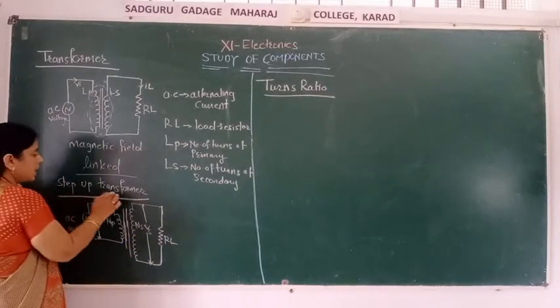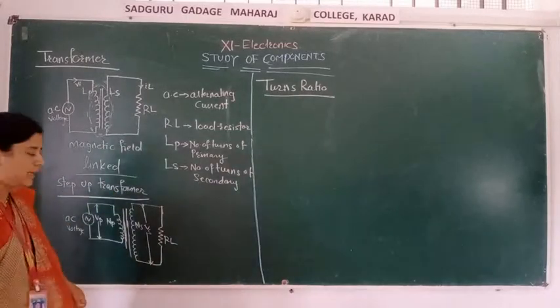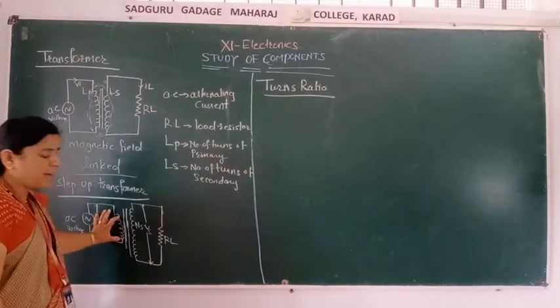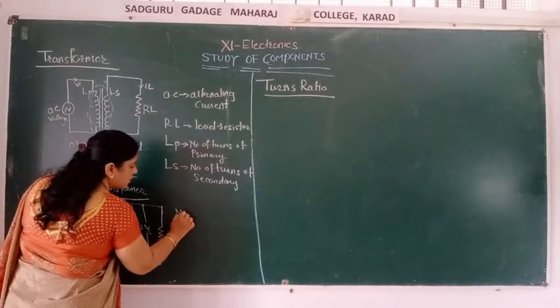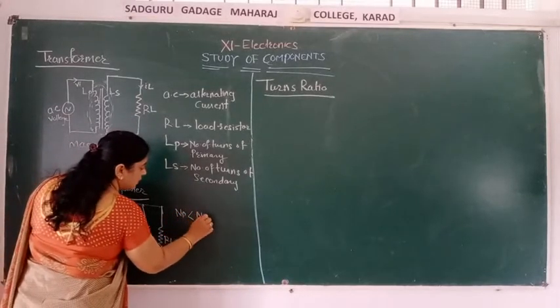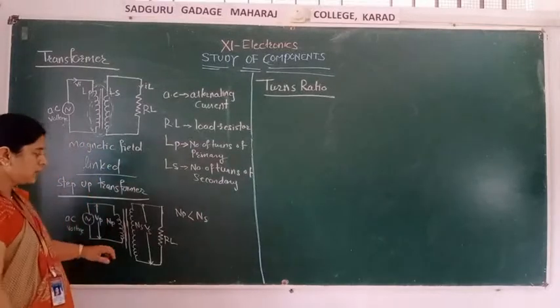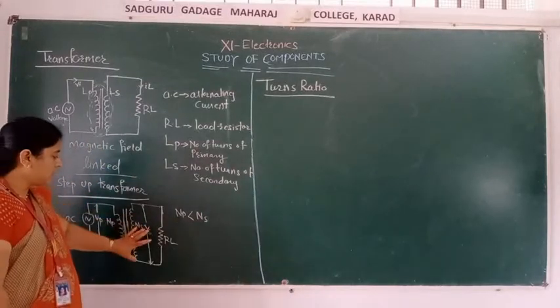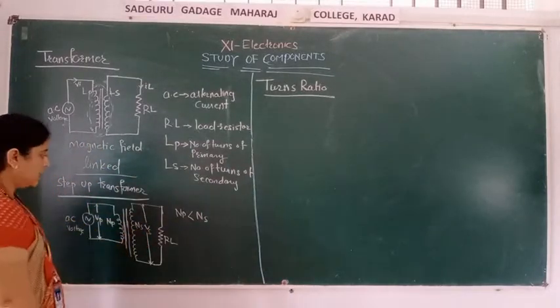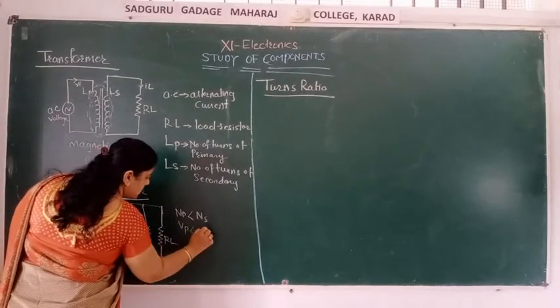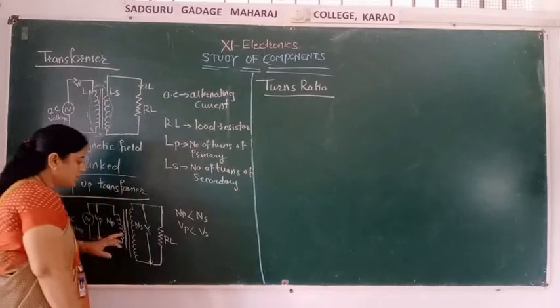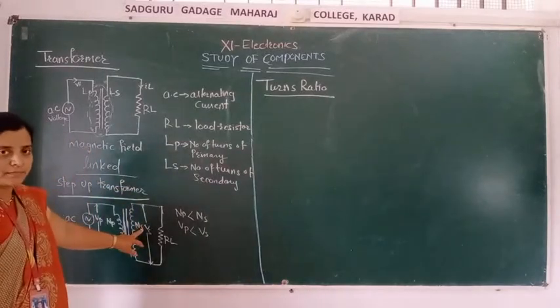So step up transformer मध्ये काय होणार आहे? The number of turns of the primary is less than the number of turns of the secondary. Number of the turns of secondary काय असणार आहे? जास्त असणार आहे. तसंच voltage across primary is less than the voltage across the secondary.